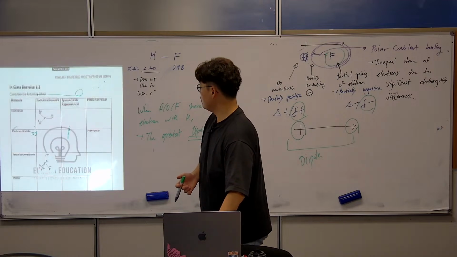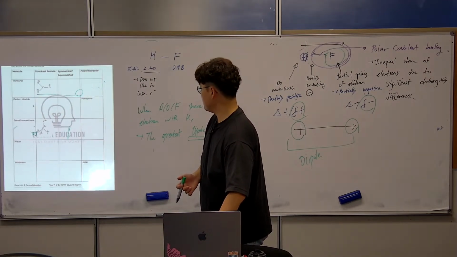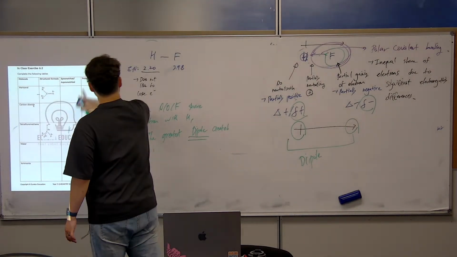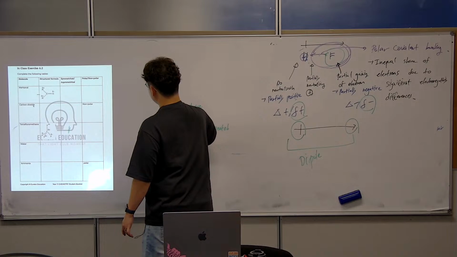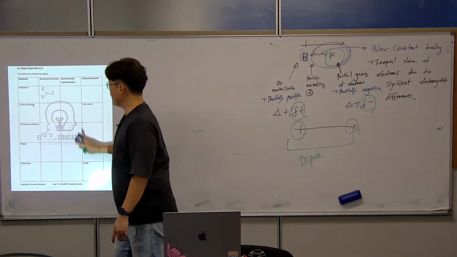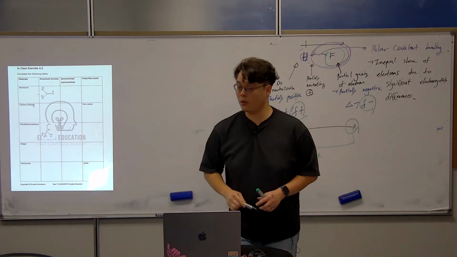Does it make sense to all? Okay, so 6.2, let's have a think about this situation here. We're given some formulas. Let's talk about whether they are symmetrical or asymmetrical. Therefore, we can think about what they are joined with, so whether you decide they are polar or non-polar.